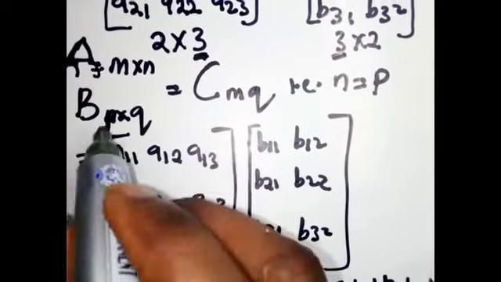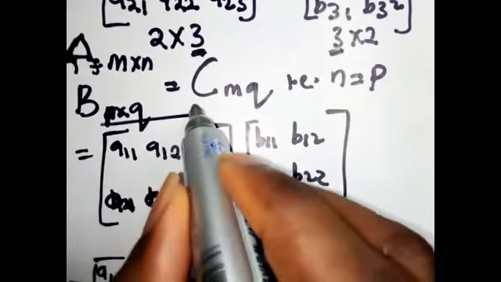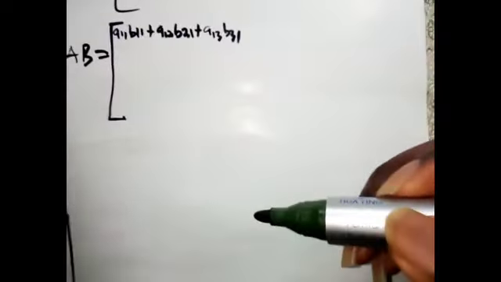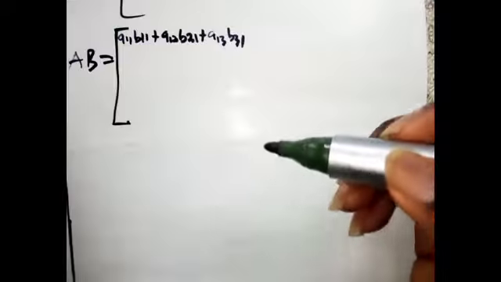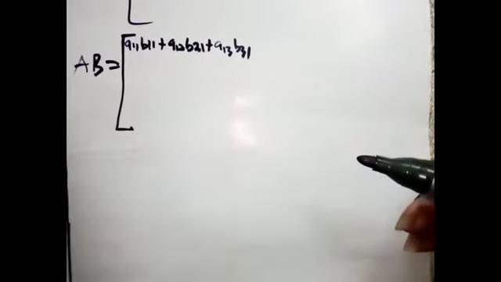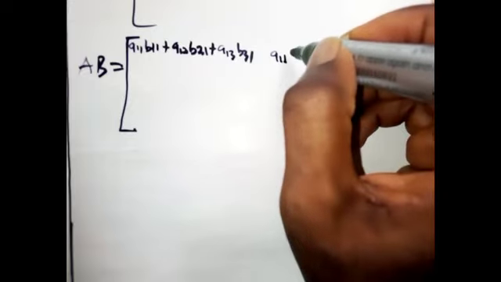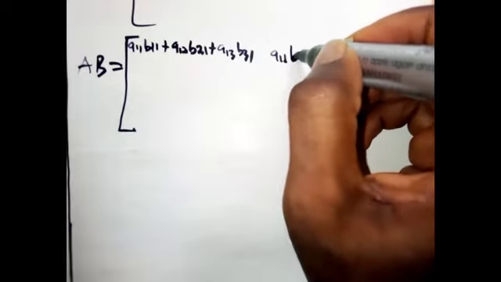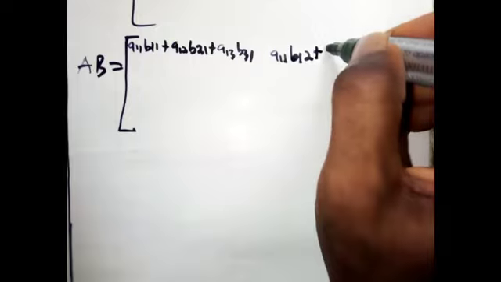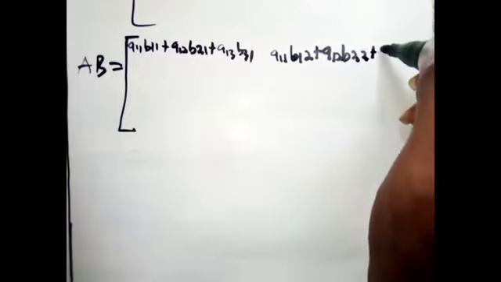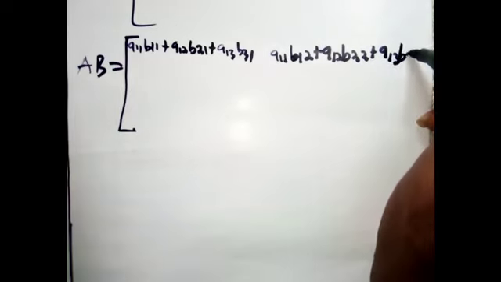So it follows this pattern. You go this way and then you come this way. Then also we have A11 B12 plus A12 B22 plus A13 B32.